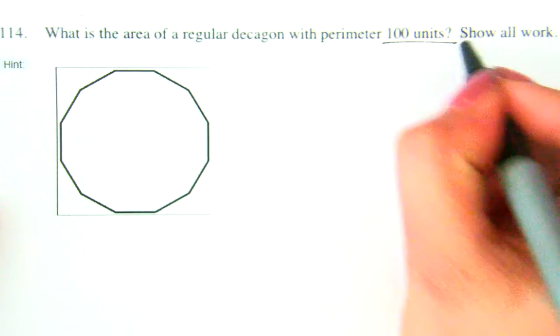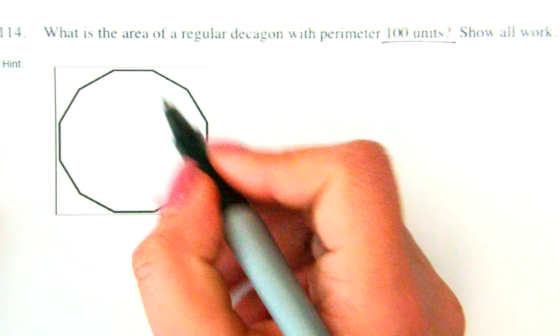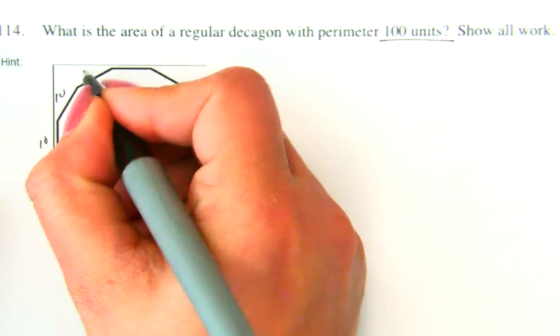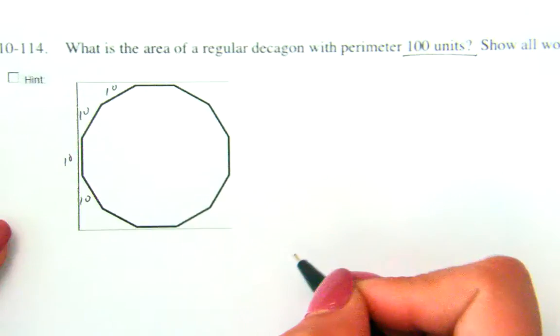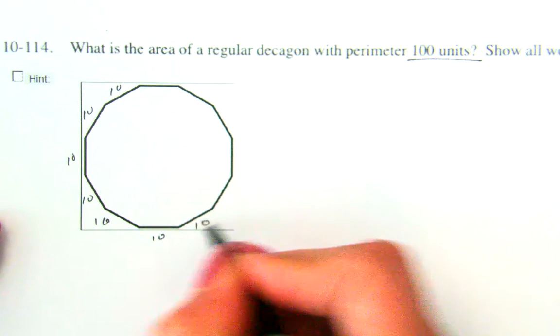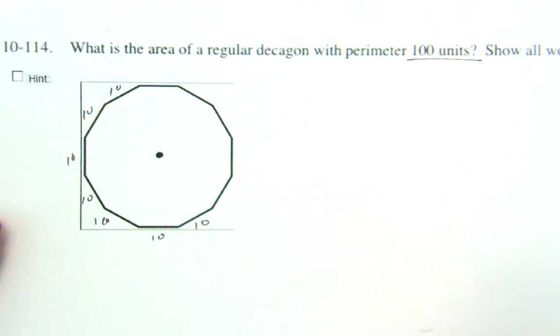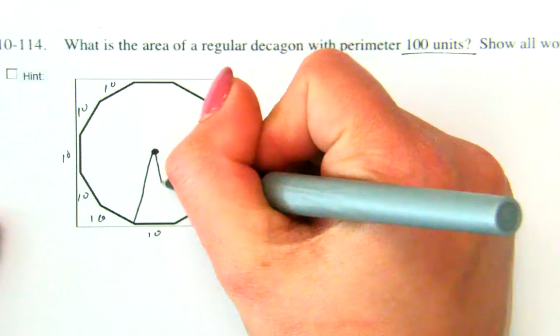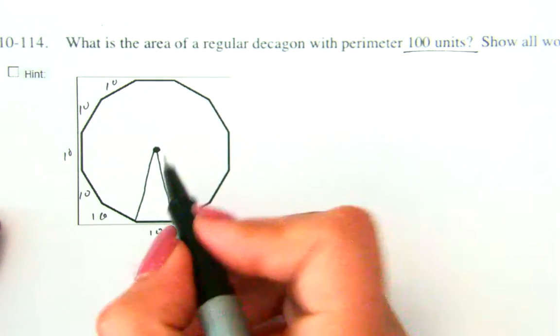The perimeter is 100 units, so that basically means each side is going to be 10, because it's a 10-sided figure. So 10, 10, 10, all the way around. The area, by the way, is find the area of one triangle and multiply by how many sides you have, in this case 10.